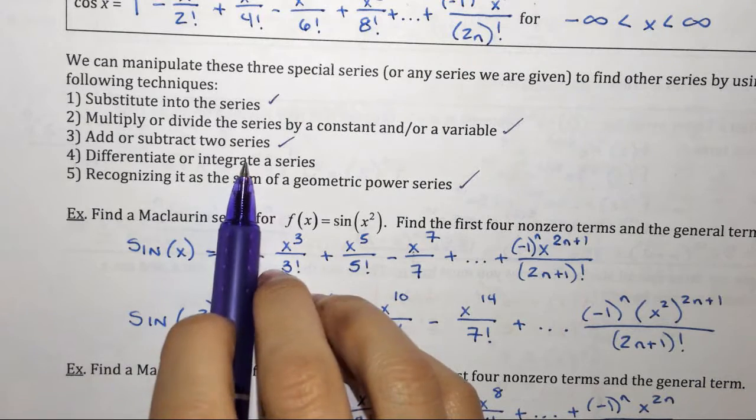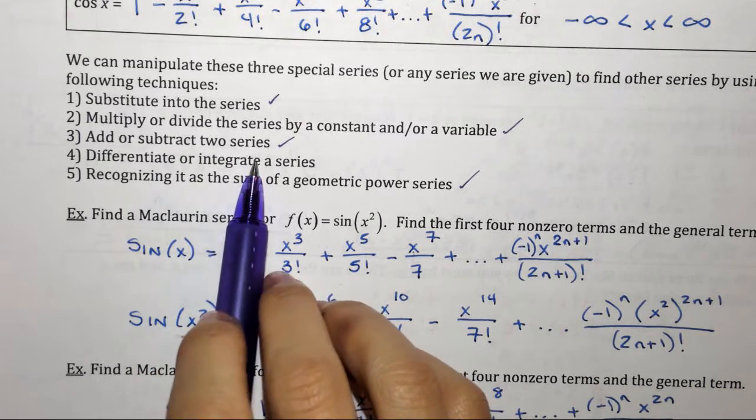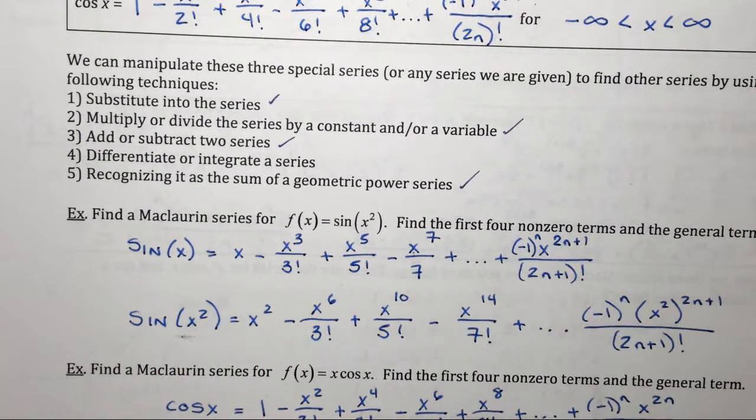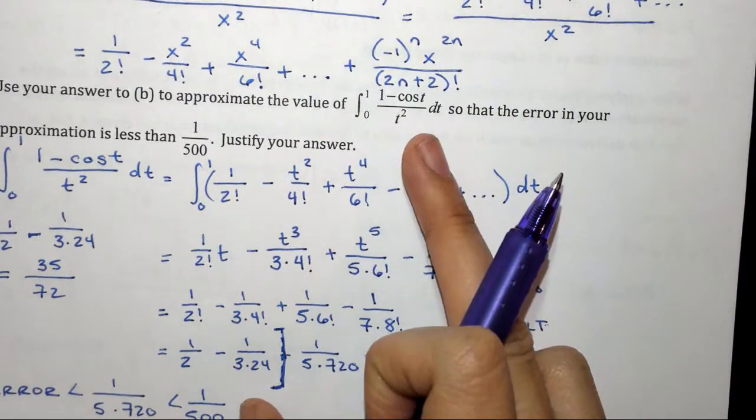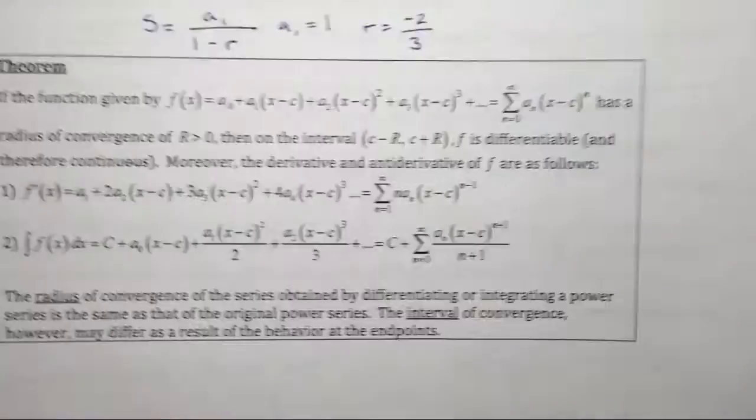The only thing that we haven't done is differentiation or integration of a series. And that's super simple. We kind of did it in the last problem here, where I asked you to integrate 1 minus cosine t over t squared. We kind of did it there, but we didn't really go into it like a ton.